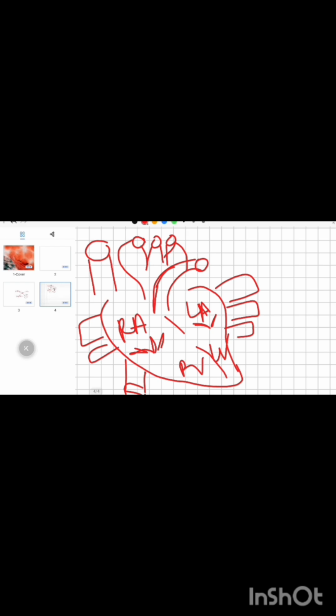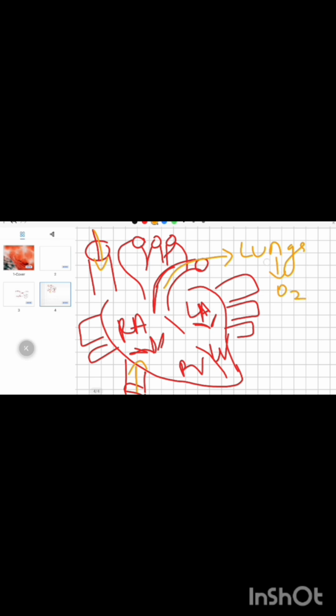So this heart receives blood from the superior vena cava and inferior vena cava, and it pumps this deoxygenated blood that it receives from all parts of the body into the pulmonary aorta to the lungs and makes it oxygenated.